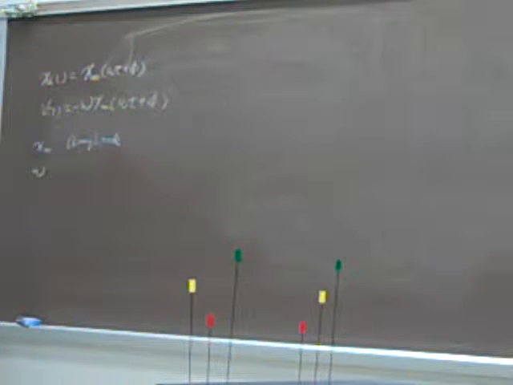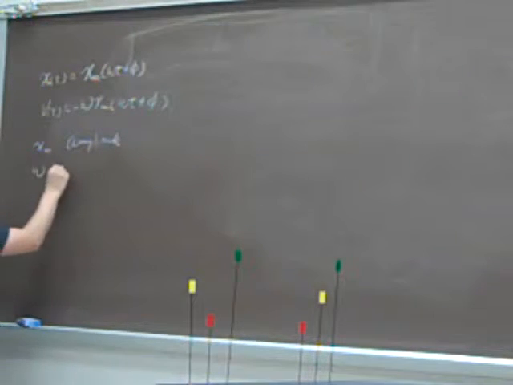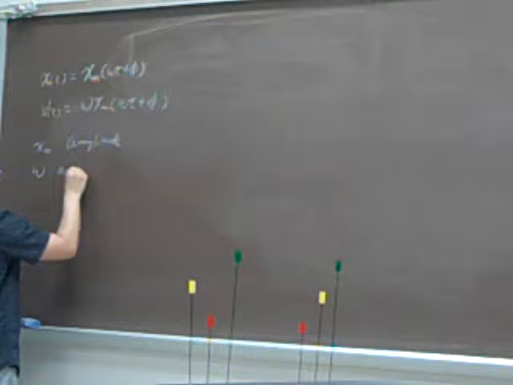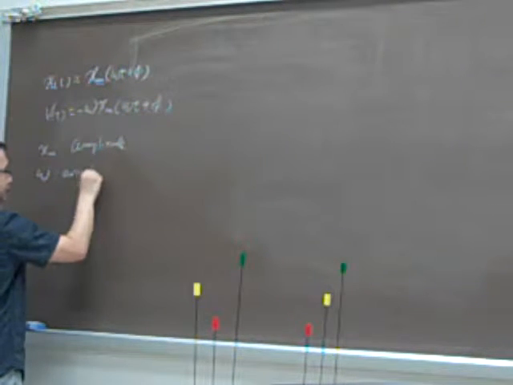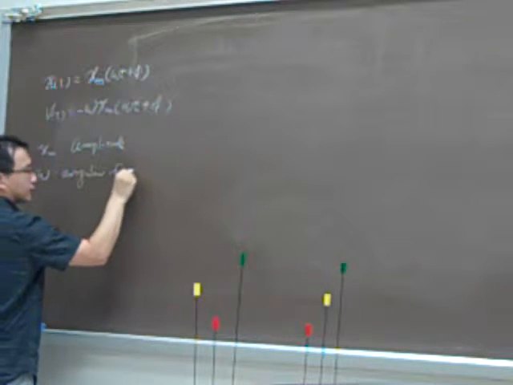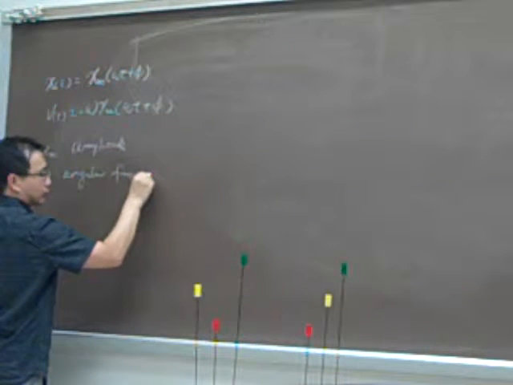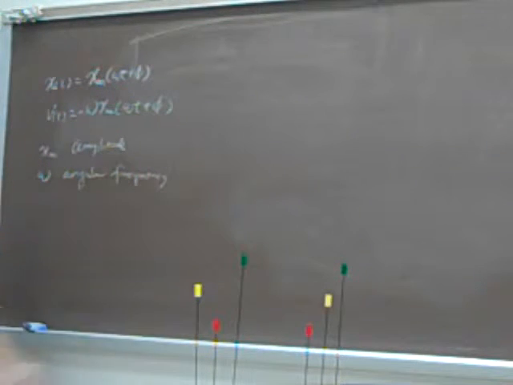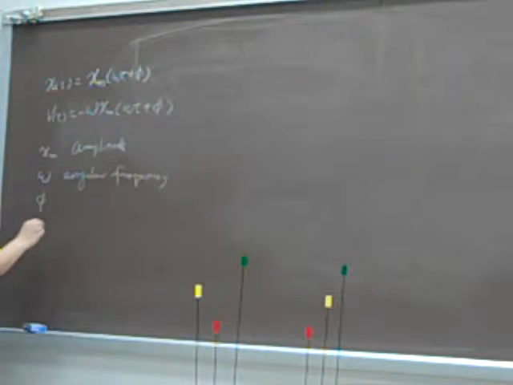Frequency? Is it frequency? Angular frequency. Angular frequency is different from the frequency, okay? And what do we call phi? Initial phase. There are several names, but the most common name is the initial phase.